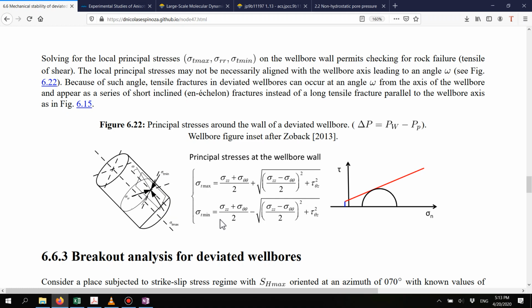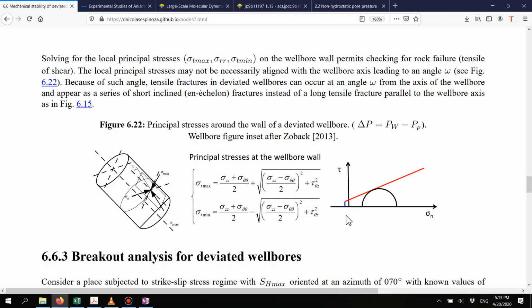Now we're going to have to calculate the principal stresses at that particular point, and those are going to have values which are not equal to the values of the hoop stress and the axial stress. And once we find those maximum and minimum values for the local principal stress, we're going to be able to tell whether there is shear failure or whether there is tensile failure.